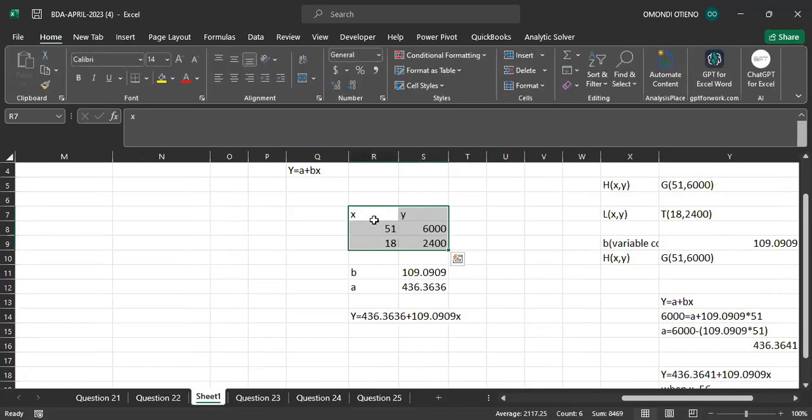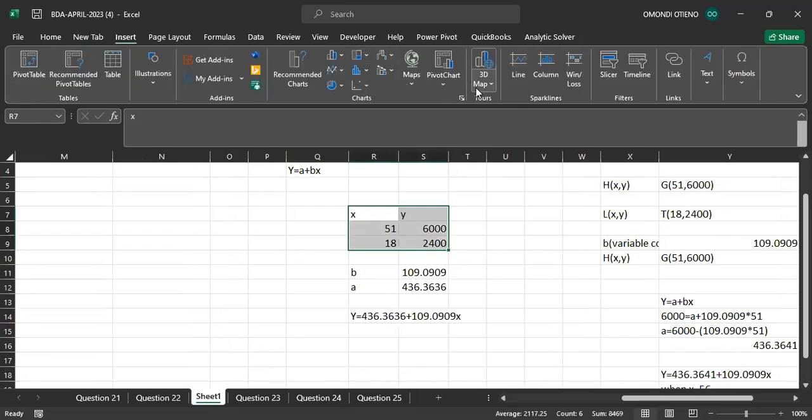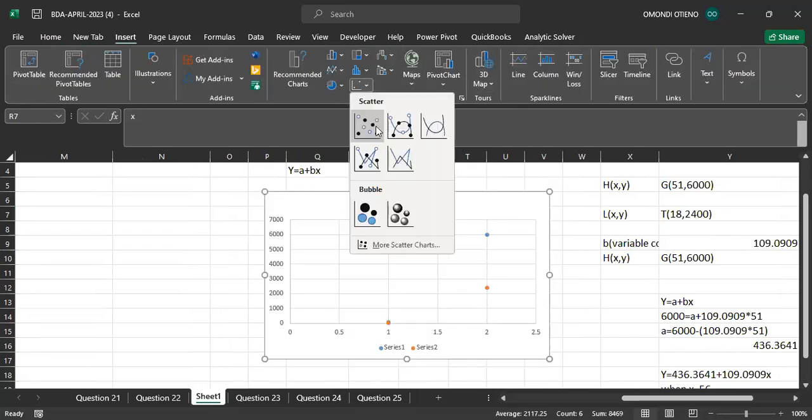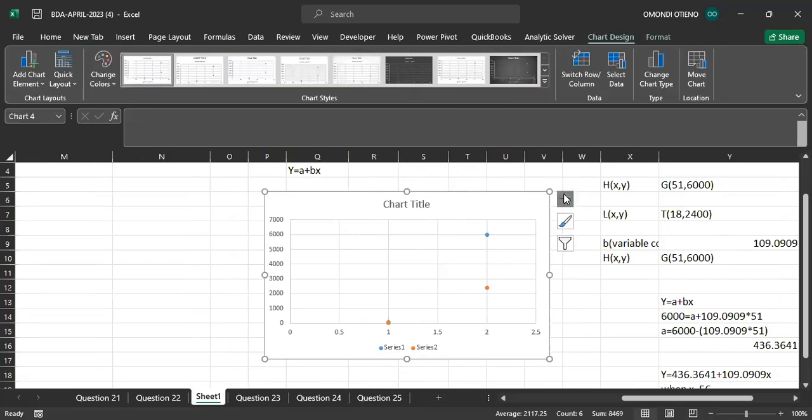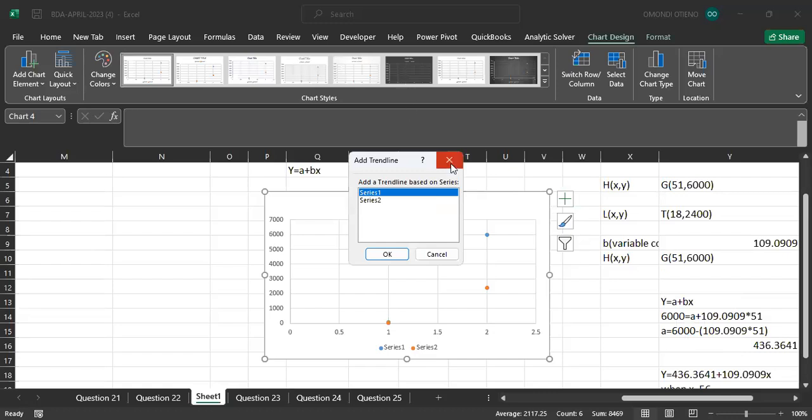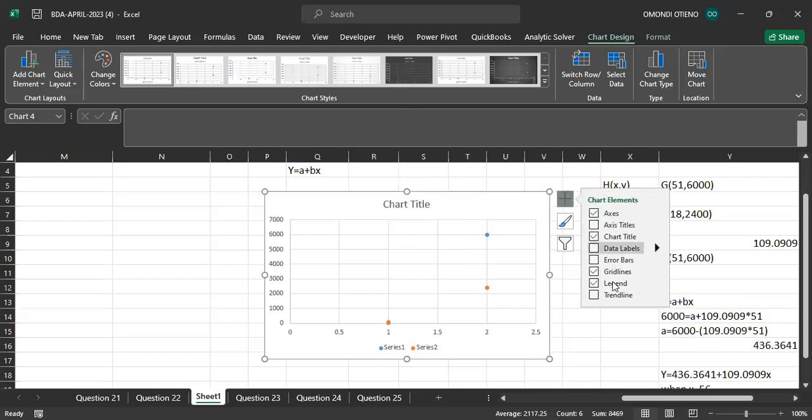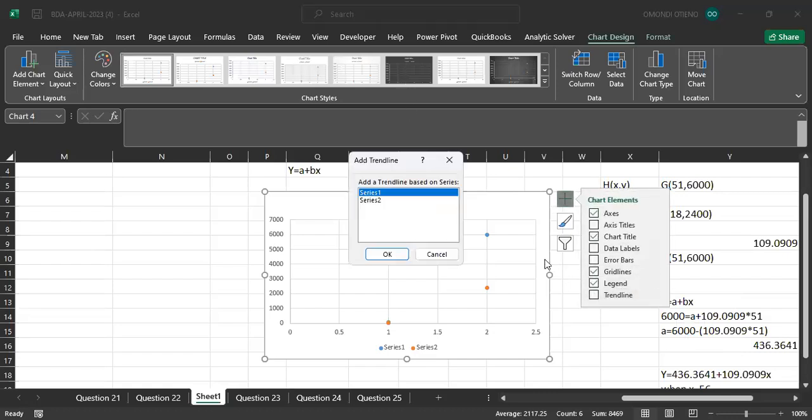Highlight this X, Y. Yes, that's what we have. So go to insert, scattered. We pick this one here. Then you go to this part, trend line, more options.